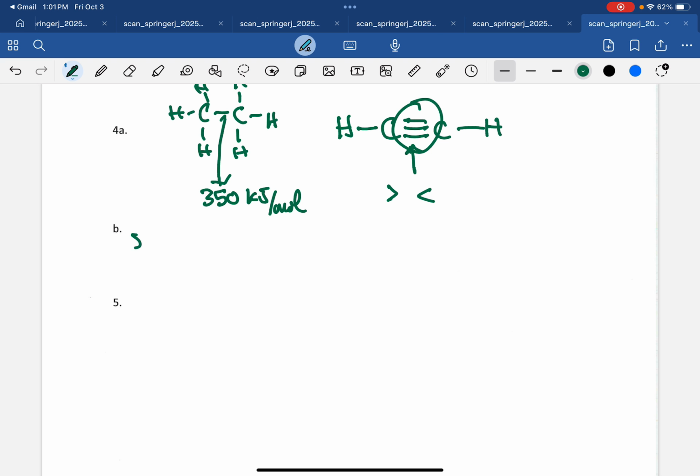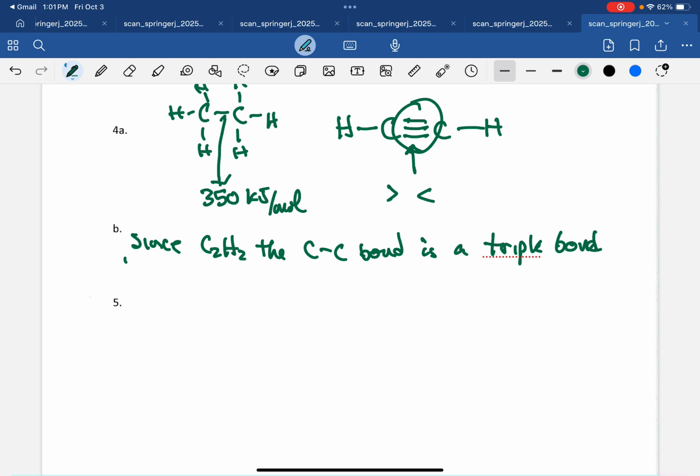So since in C2H2 the carbon-carbon bond is a triple bond, it will take more energy, so it has a higher bond energy than in the other one.